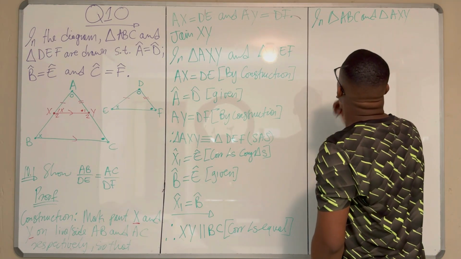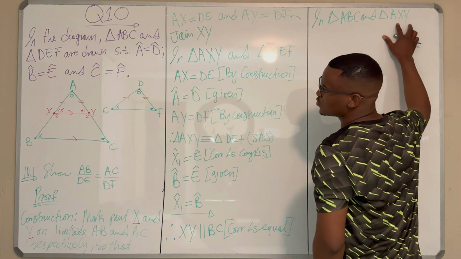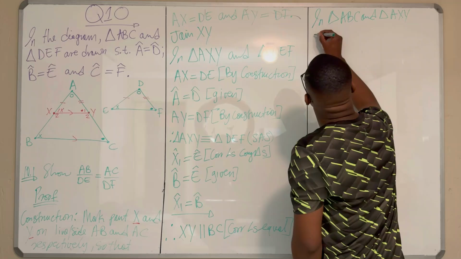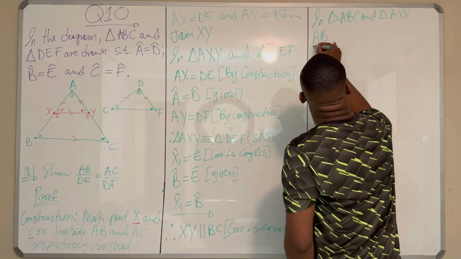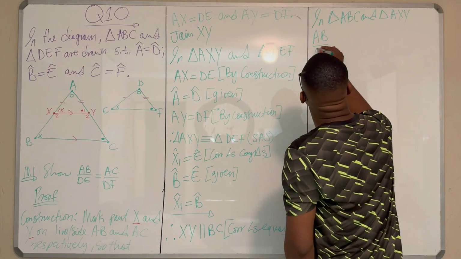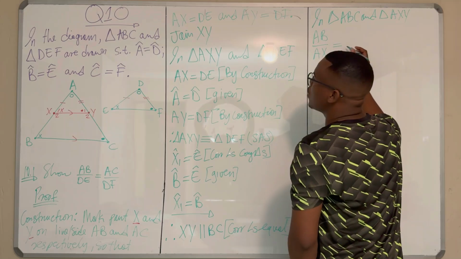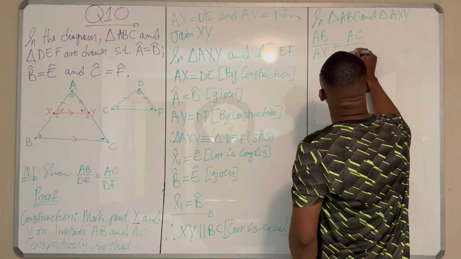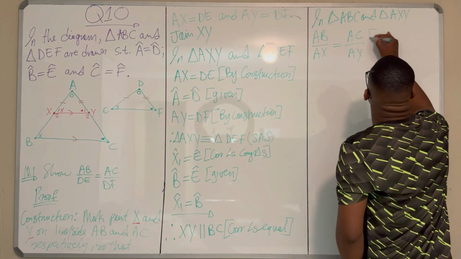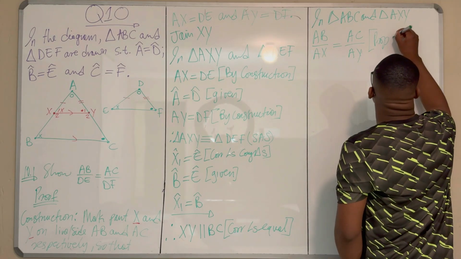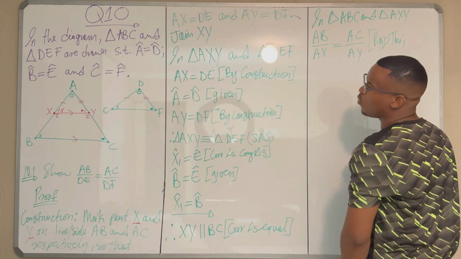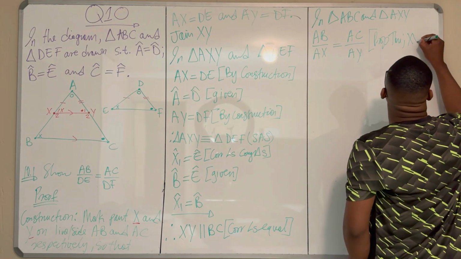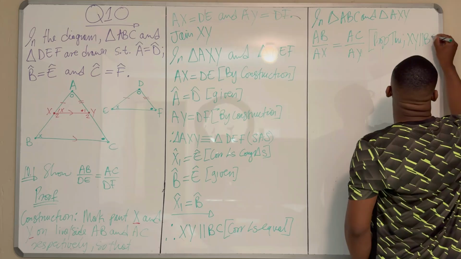if we take our AB and divide it by our AX, it should be equal to AC over AY. We're applying the proportionality theorem here. Why does it work? Because XY is parallel to BC.